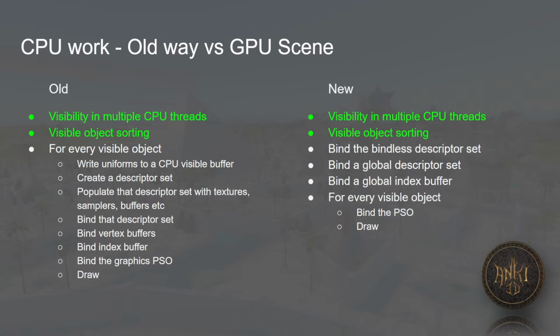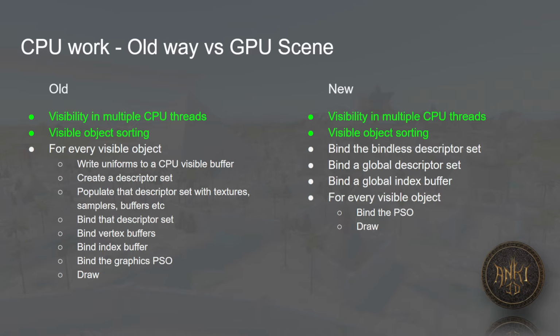Now let's compare what happens on the CPU side with the GPU scene versus a more traditional renderer. So on the left, the more traditional renderer, it has visibility spread across multiple CPU threads. There is also visible object sorting. Then for every visible object, we do the following.